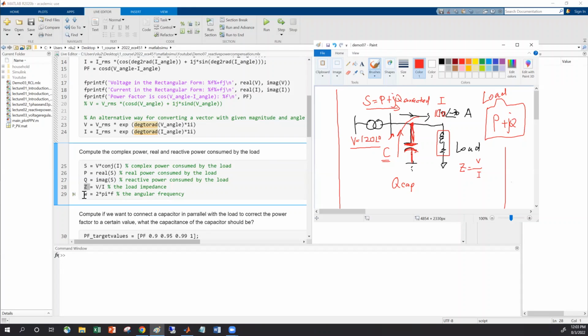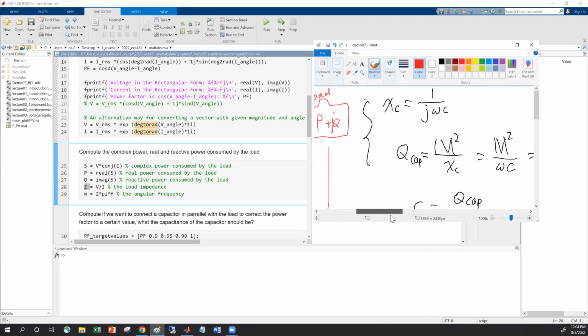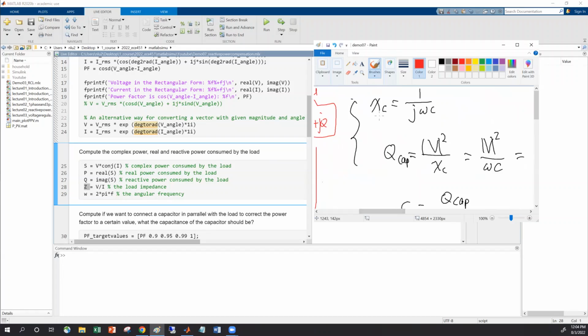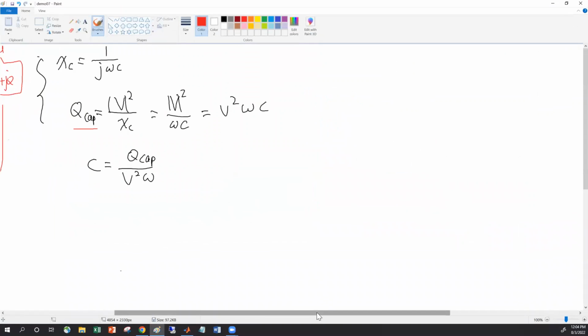And then we have this omega. This is because we need to compute it for C. For C, we can see that the reactance of a capacitor can be computed by using 1 divided by omega C, okay? The capacitance can generate a reactive power, and that can be represented by the voltage across this reactance.